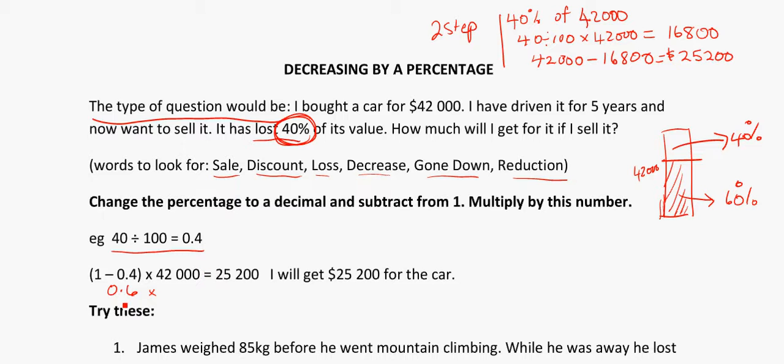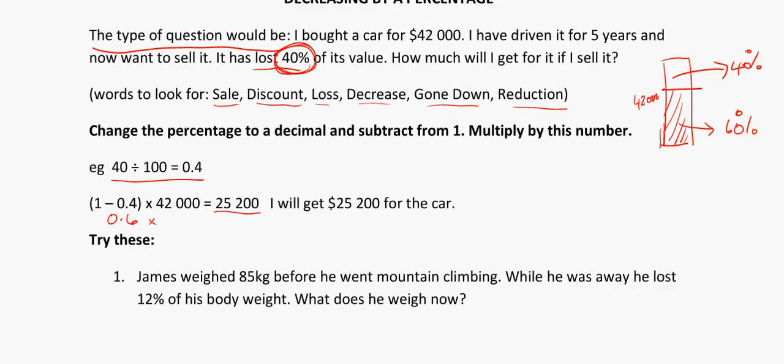You can do that separately, or you can feed that into your calculator and do it all at once. So you put a bracket, 1 minus 0.4, times 42,000, and you go straight to the answer. I'll get $25,200 for the car.